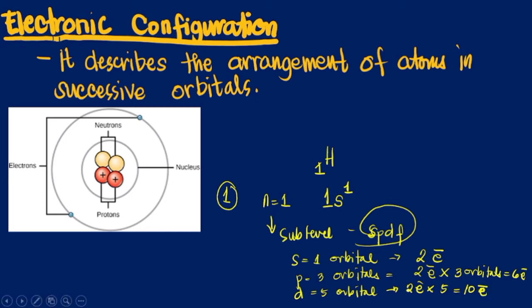That's the maximum number of electrons that can occupy this orbital. In the case of f, it has 7 orbitals, and each orbital has 2 electrons, multiplied by 7, that would be 14 electrons all in all. Again, these are what we call the sublevels.